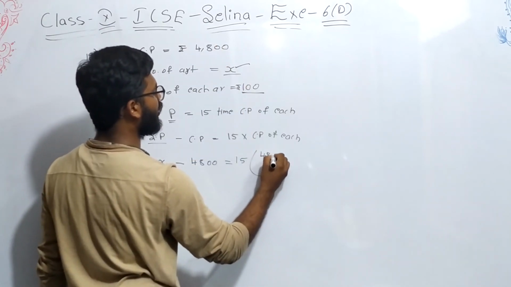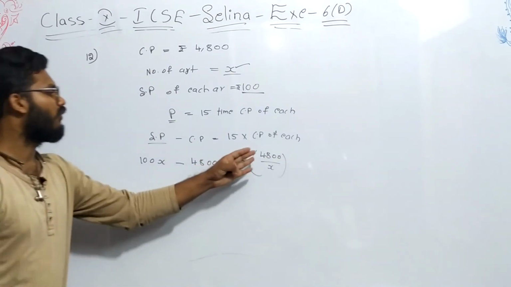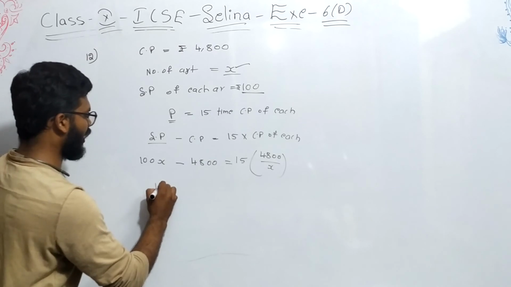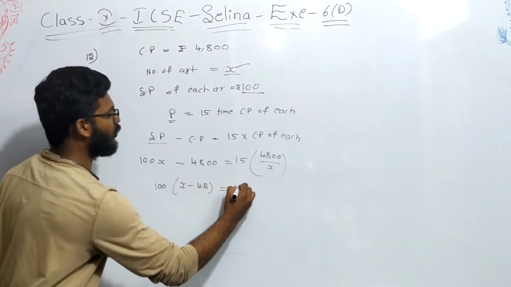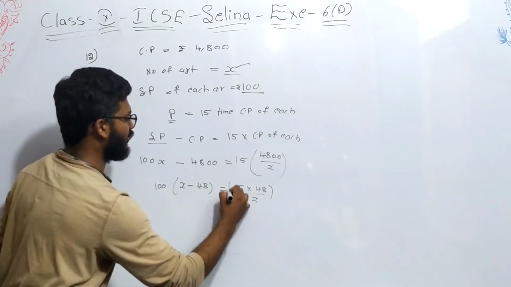So there is total cost price 4800 for x articles. So 15 into 4800 by x. So if you take 100 common here, x minus 48 is equal to 15 into 48 by x into 100.